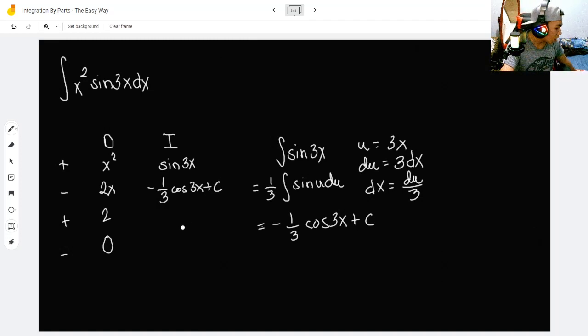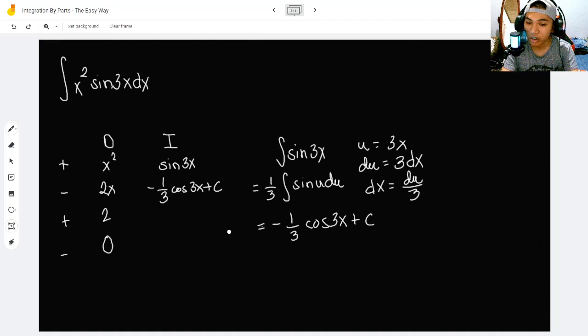And actually, you can see a pattern right here. When you keep integrating, you just integrate whatever is in here and then multiply the bottom by 3. That is the algorithmic computation of this integral.